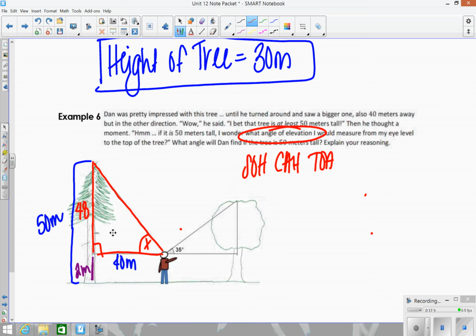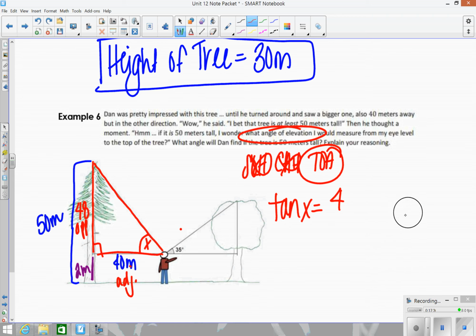This is going to be my opposite, the angle. This is going to be the adjacent to the angle, this side here. So again, we're going to be using tan. So tan of x equals opposite, which is 48, over the adjacent, which is 40.